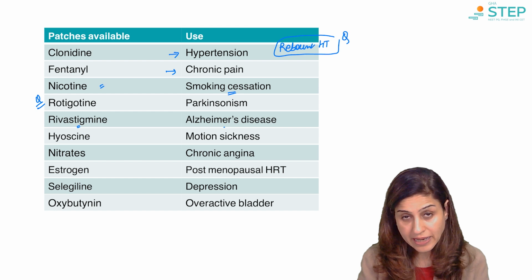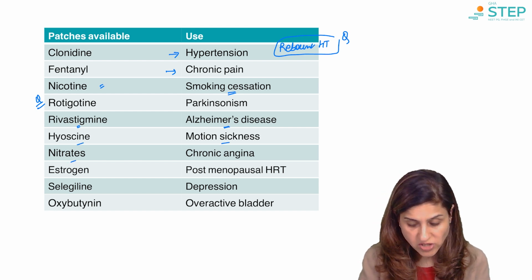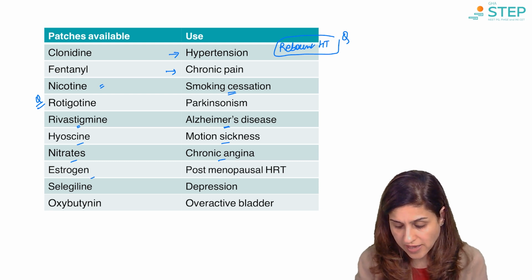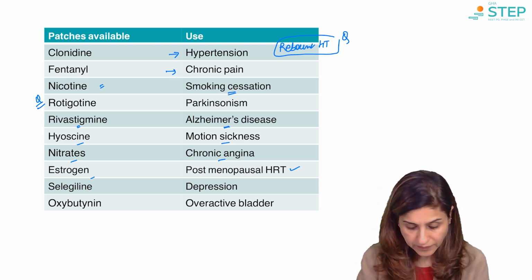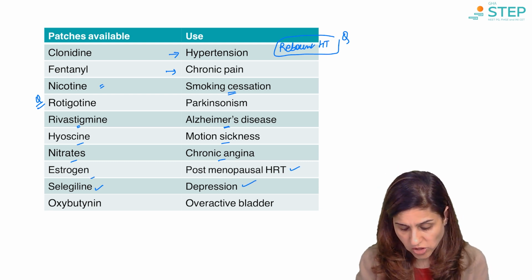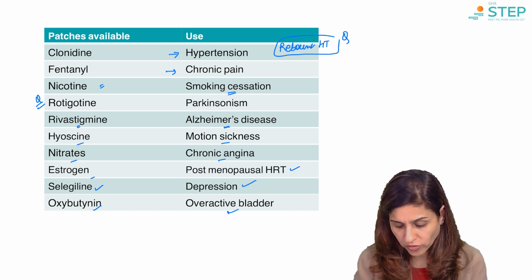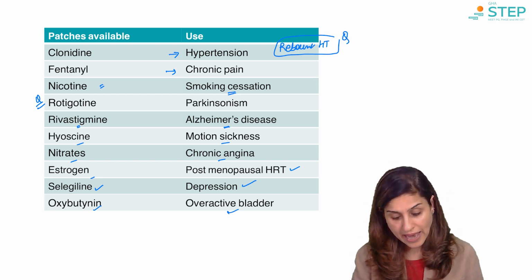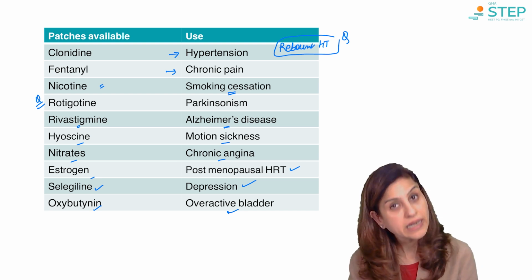Rivastigmine for Alzheimer's disease, hyoscine for motion sickness, nitrates, which we just did, nitroglycerin for chronic angina, estrogen as post-menopausal HRT, selegiline for depression, and oxybutynin for overactive bladder. So make sure you know the list of these drugs which are available as patches and what their indications are.